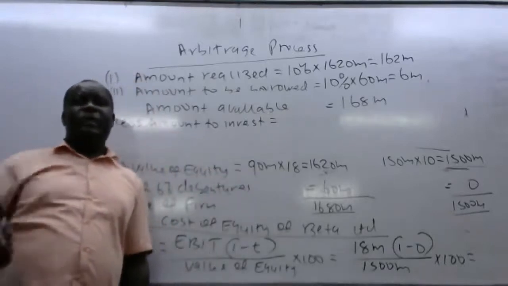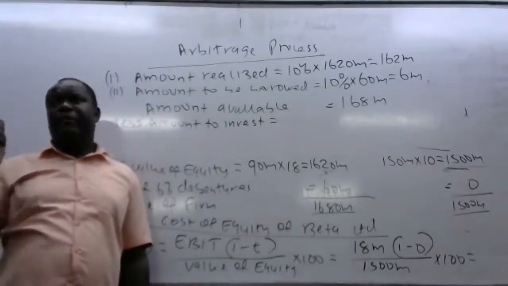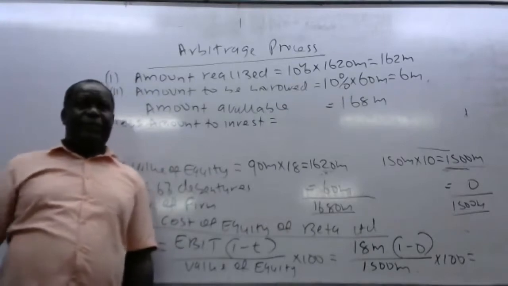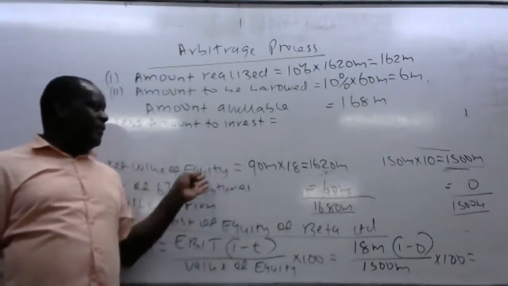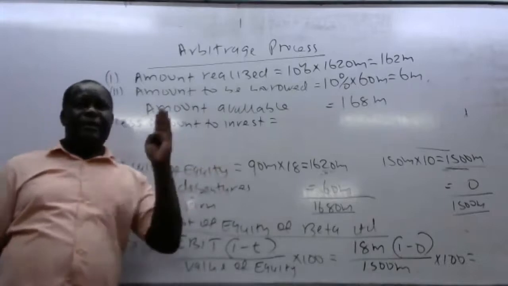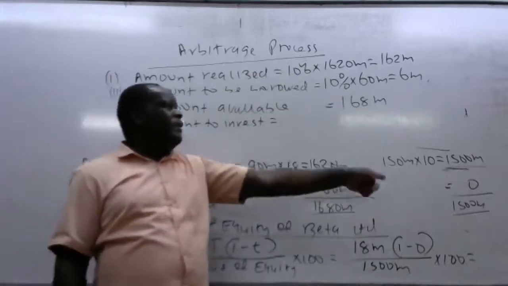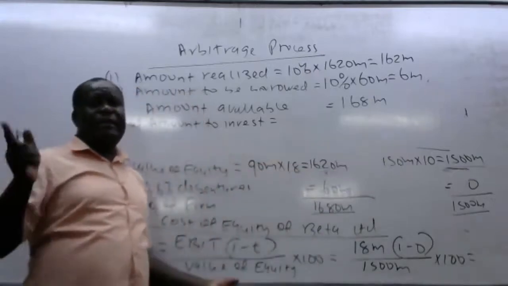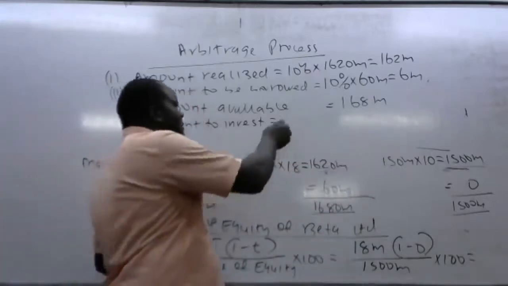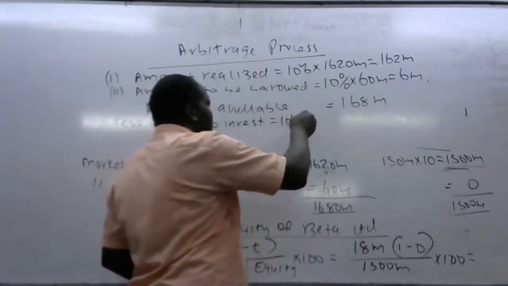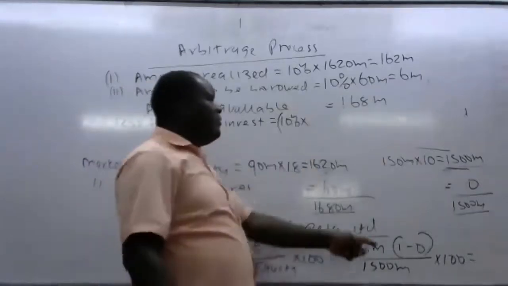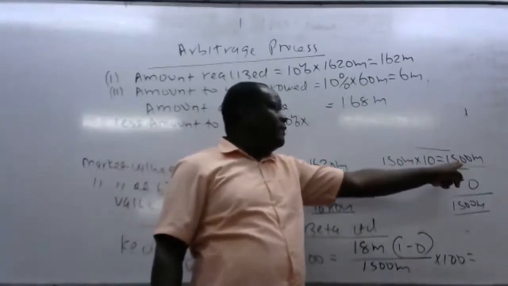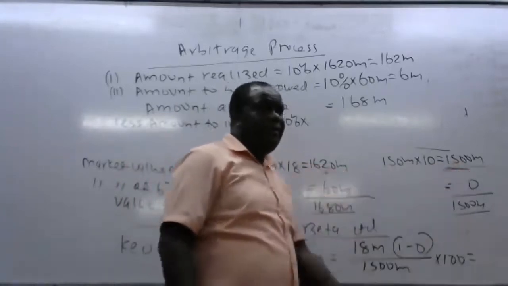Remember, he should maintain his percentage of ownership. So we know he was owning what percent in this other company? 10%. So when he goes there, he should also only own 10%. So when he maintains his percentage of ownership, amount to invest will be 10% of the value of equity for Vita Limited. The value of equity for Vita was 1,500 million.